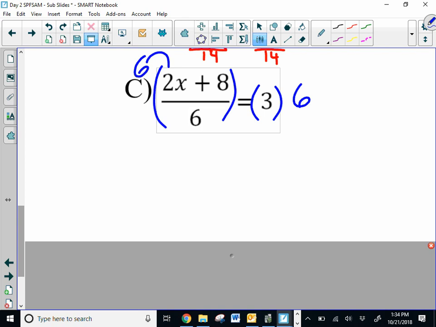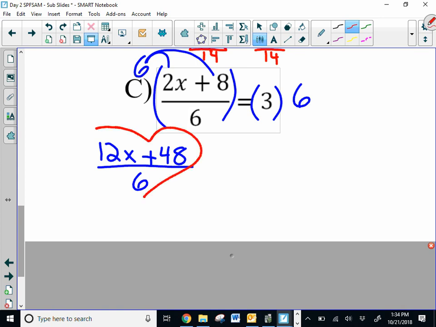So 6 times 2, that's 12x, plus 6 times 8, that's going to give us 48 over 6. If we do it the long way, we got to do it like this. Then we break that heart apart, so it becomes 12x over 6 plus 48 over 6.